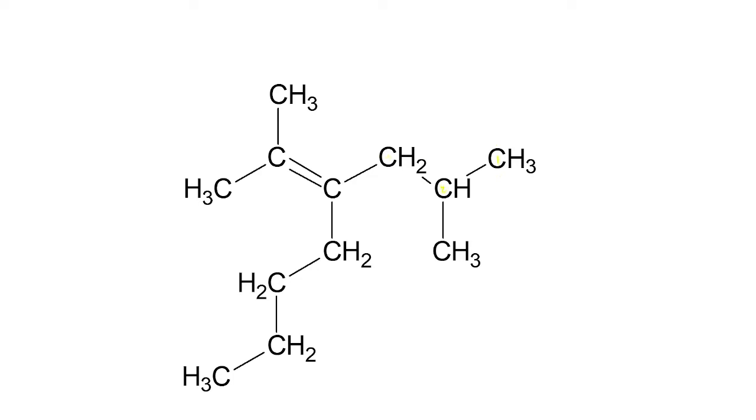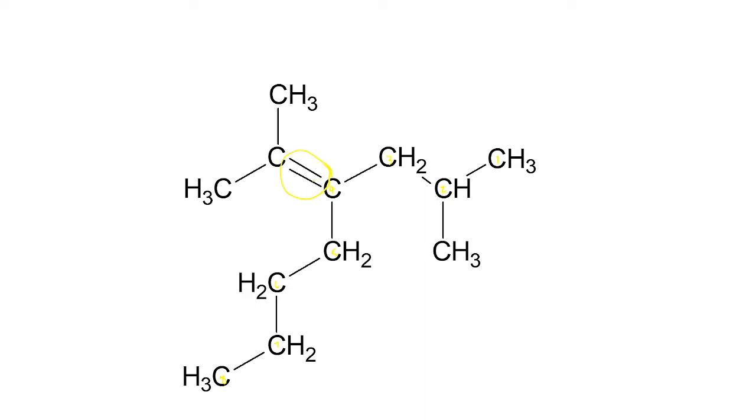1, 2, 3, 4, 5, 6, 7, 8. But in that, actually, we will not be considering this chain because we have here a double bond. So you can see here, due to that double bond, the longest chain does not include our double bond.